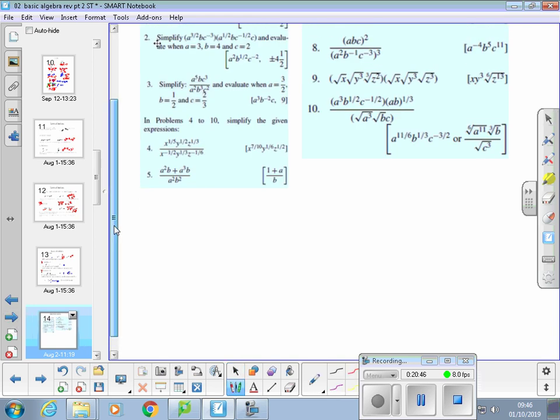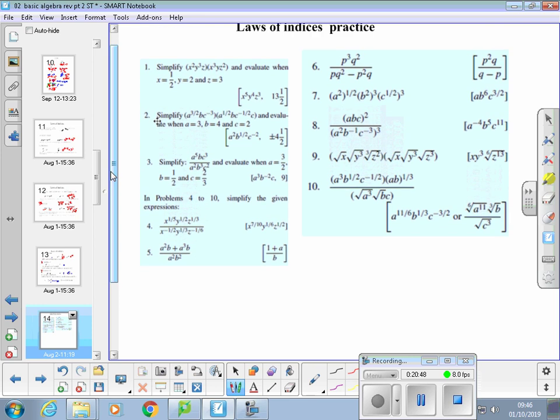So what have we got? We've got x squared y cubed z in brackets times x cubed y z squared.